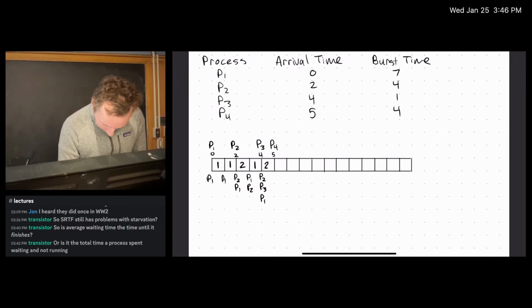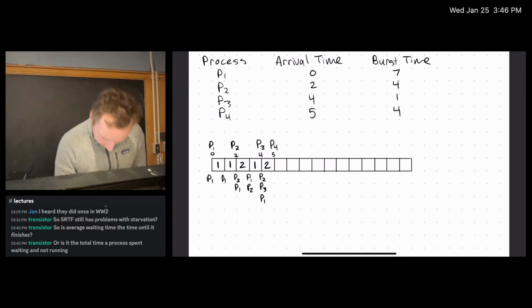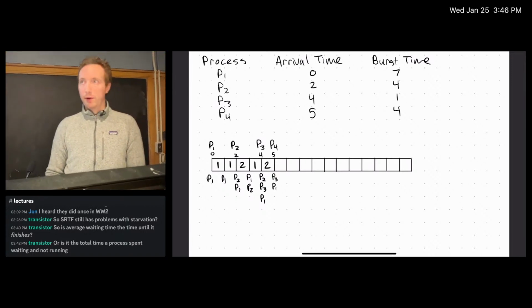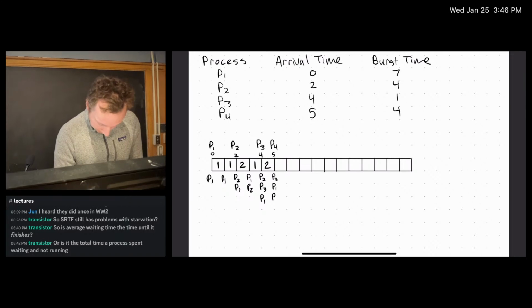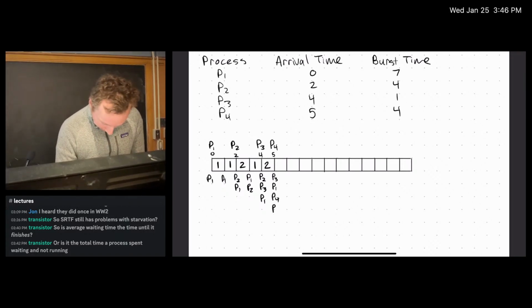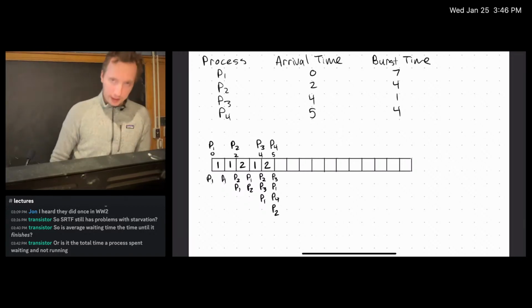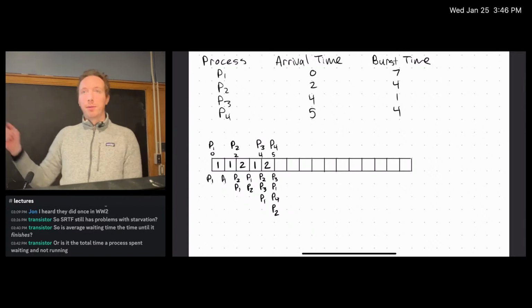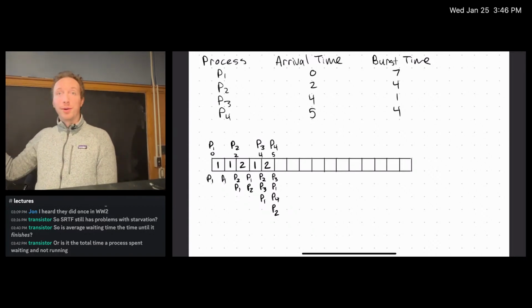Then we would schedule process 2. Our queue would look like P3, P1. And now we have a new friend, P4. And P2, which just executed, goes all the way to the back of the line. So now we have all our processes.